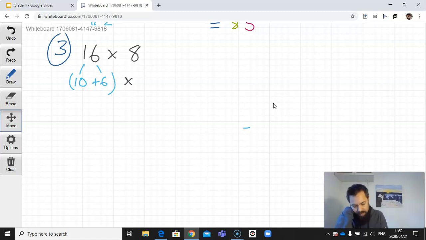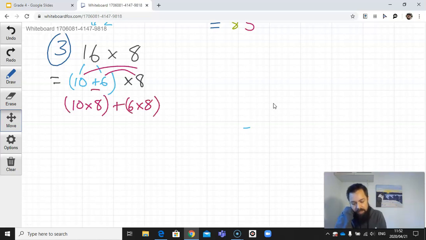We'll leave our times 8 alone. Now we're going to times the 8 with each of the parts. So 10 times 8 and 6 times 8. Plus comes in the middle.